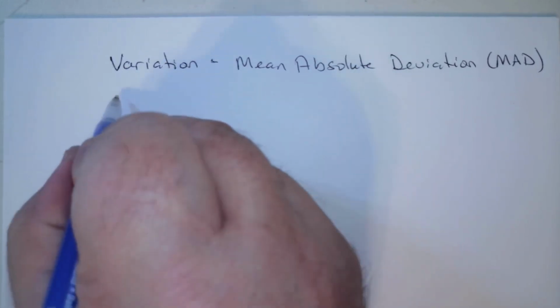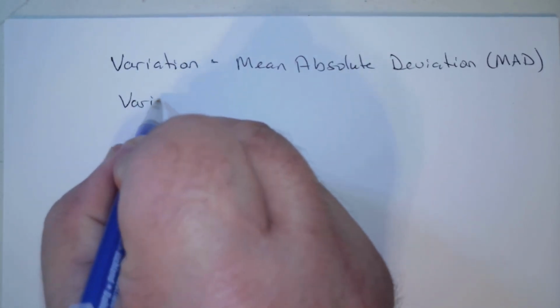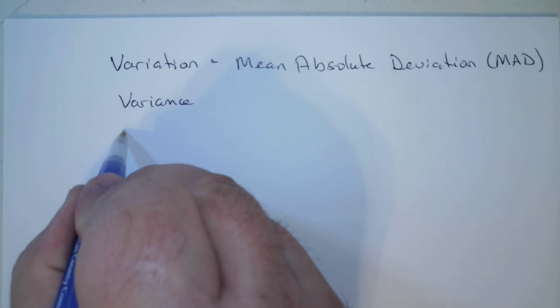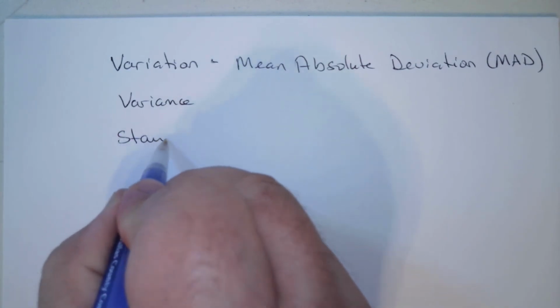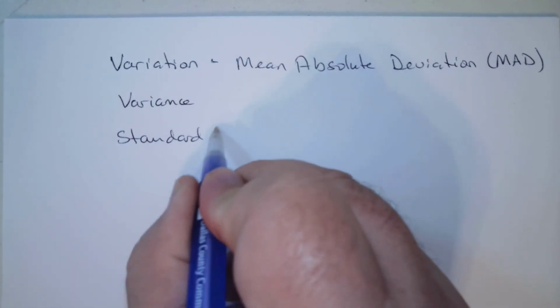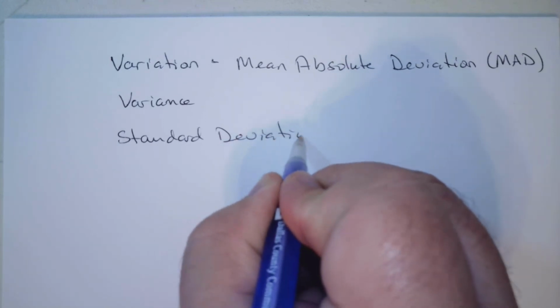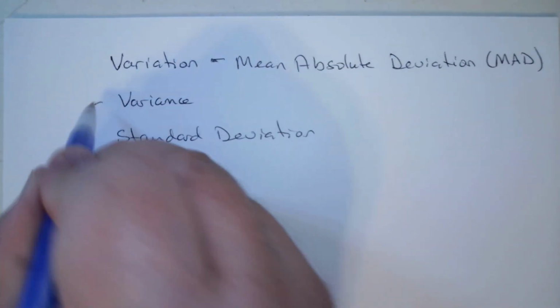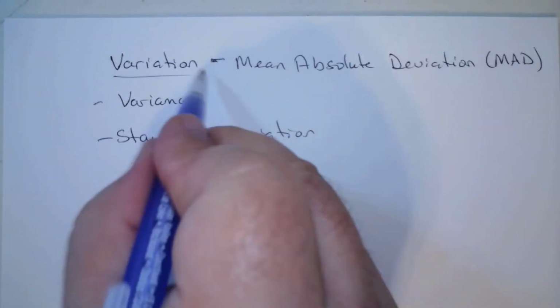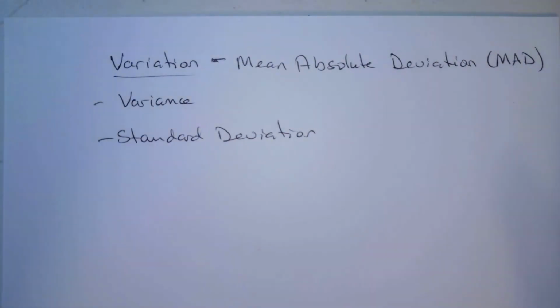We're going to talk about the variance and the standard deviation. These are the 3 things we're going to talk about when it comes to variance, or how much the data moves.